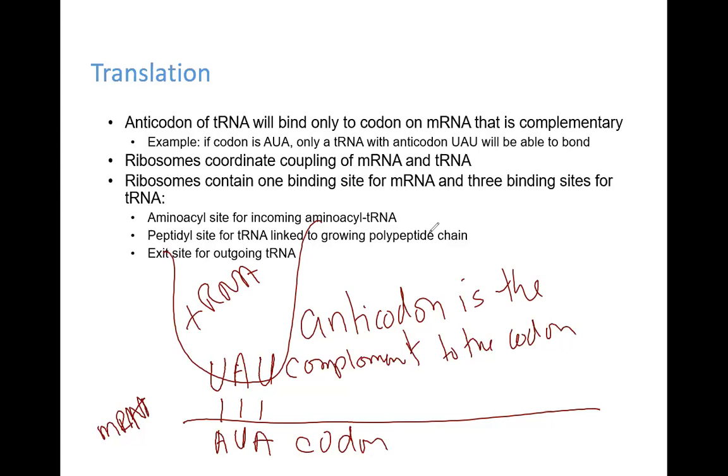The anticodon and the codon will come together. Now remember, the transfer RNA is busy carrying its amino acid up here. So it's going to land on the messenger RNA and bind with the complementary codon.